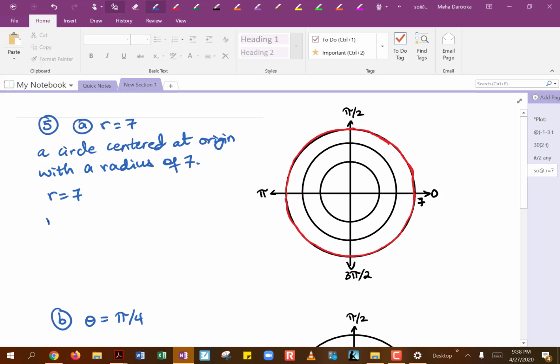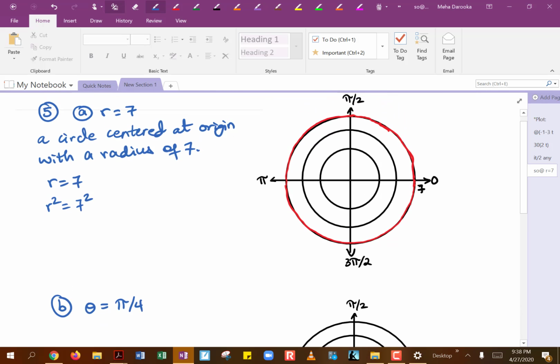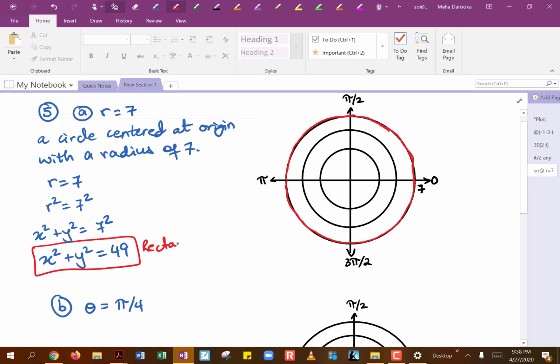So if I do r squared, I will do 7 squared on the other side, and then I am replacing r squared with x squared plus y squared, and that 7 squared will again end up becoming x squared plus y squared equals 49. So this is going to be our rectangular form.